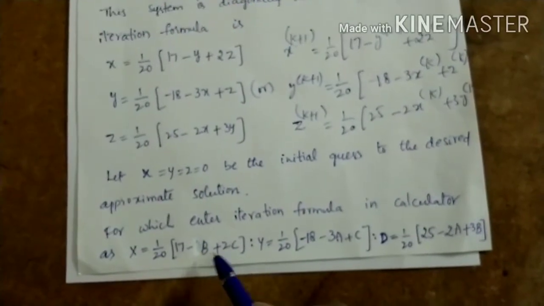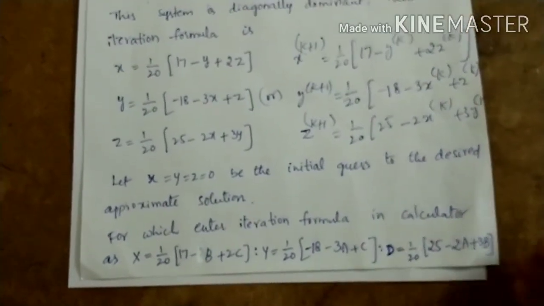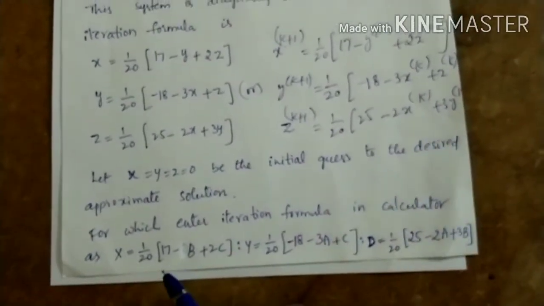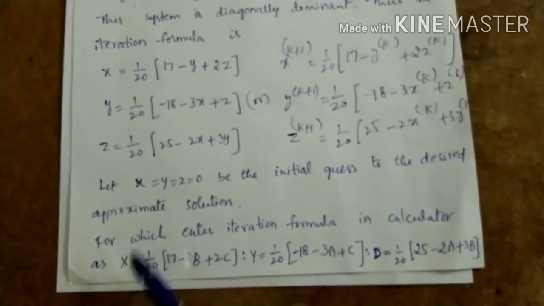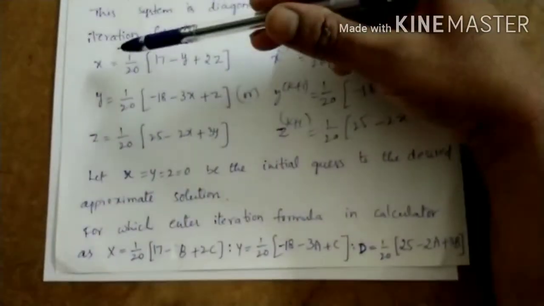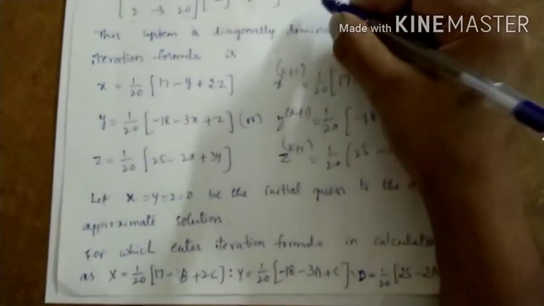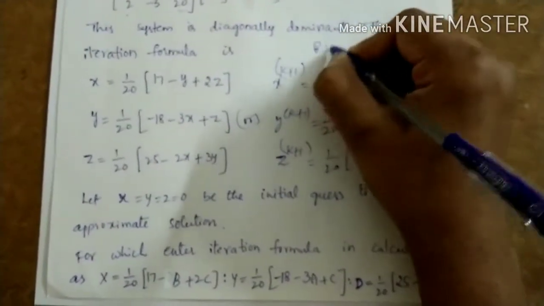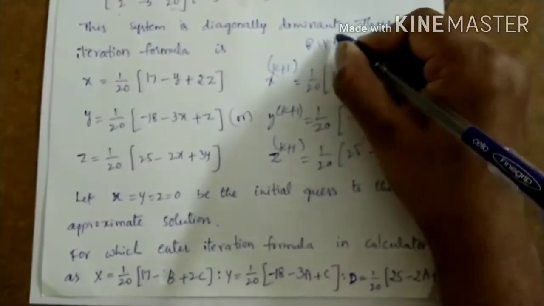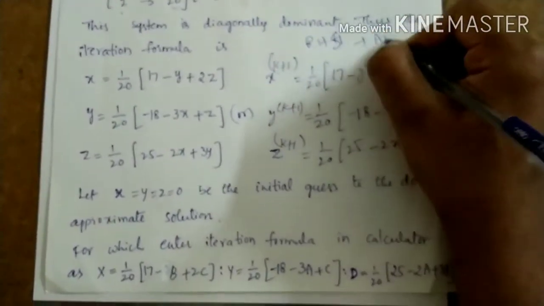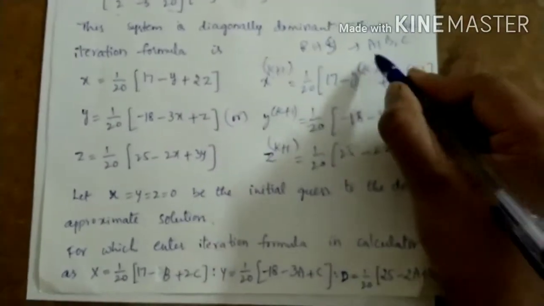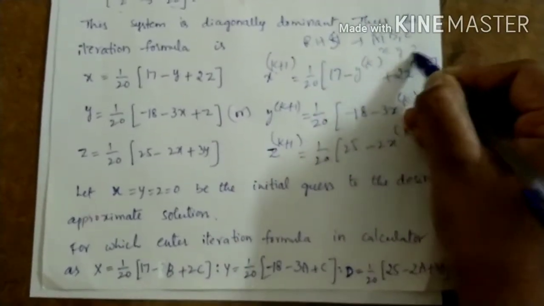So we are going to take A, B, C for x, y, z. So we need to enter our iteration formula as capital X equals 1 by 20 into 17 minus y, in the sense A, B, C, these are in the sequence of x, y, z.